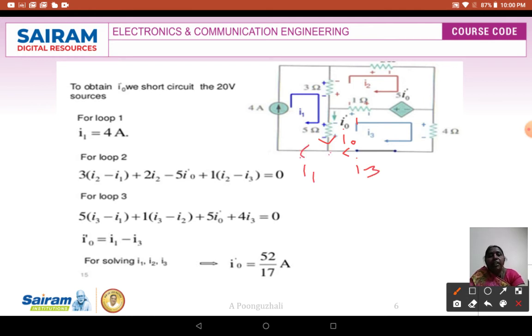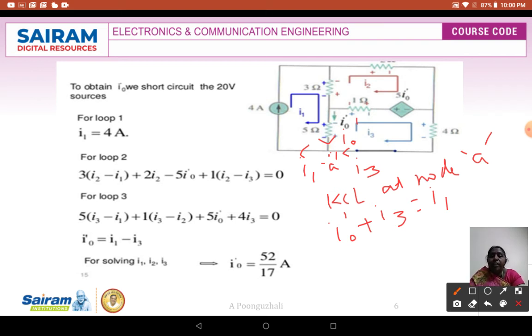So if I apply KCL at this node, sum of incoming currents, suppose this is your node A. So KCL at node A: sum of incoming currents, I0 dash plus I3, is equivalent to outgoing current, which is I1. So from this I0 dash is equivalent to I1 minus I3.